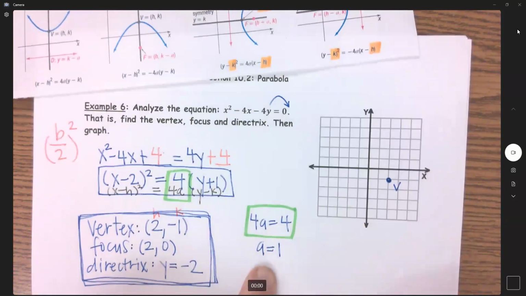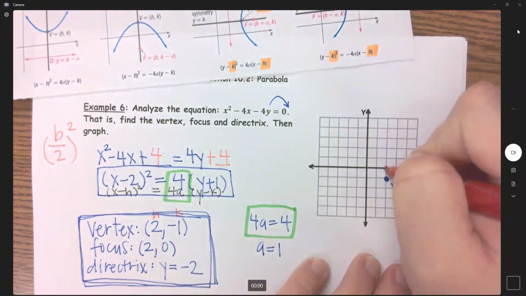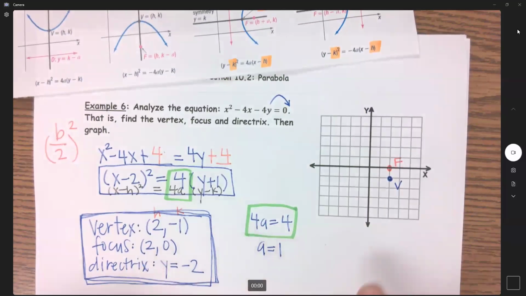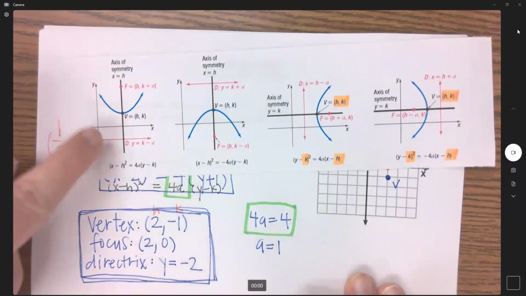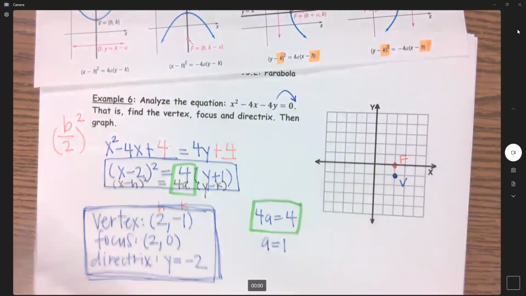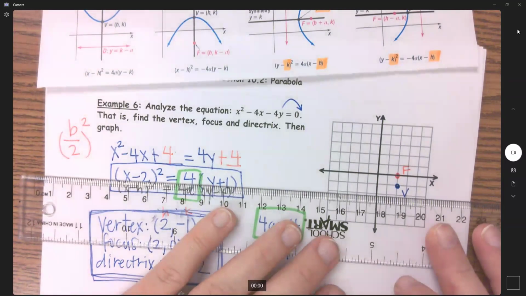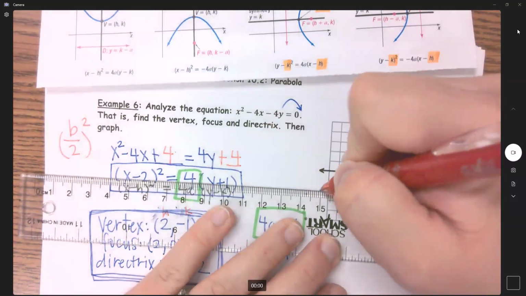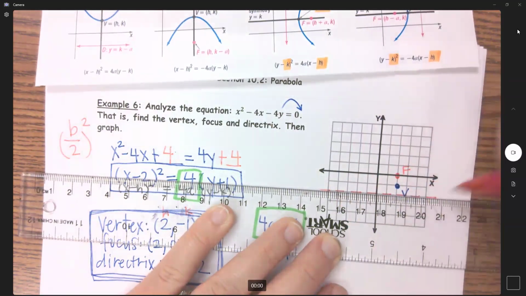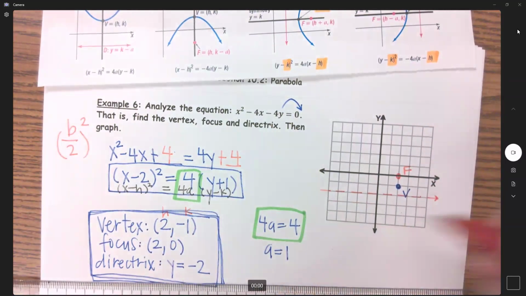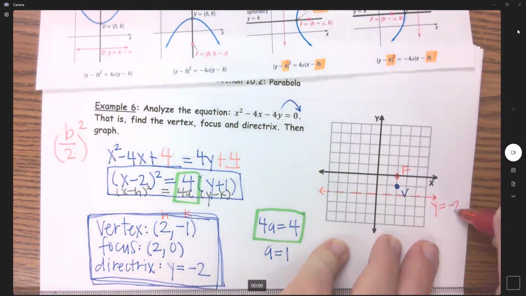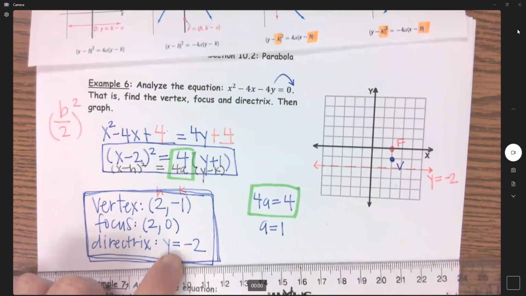And my a is 1, so I'm going to go up 1. Here's my focus, which is at 2, 0. And then from my vertex, my directrix is below, so I'm going to go 1 unit down. And here is my directrix line at y equals -2, which we got here.